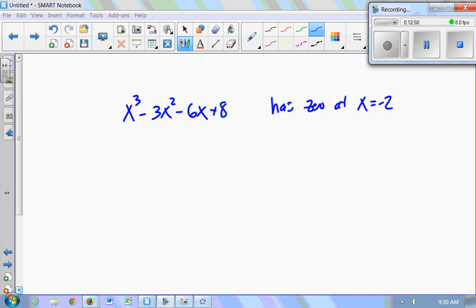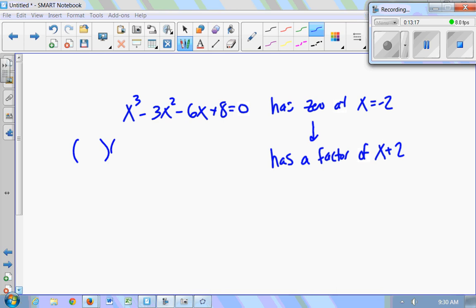So if you have a 0 at -2, right, then you also know that it has a factor of what? If x equals -2 is a 0, what do you know has to be a factor of that polynomial? X plus 2. Yeah. So imagine if I had set this thing to 0 and solved it.